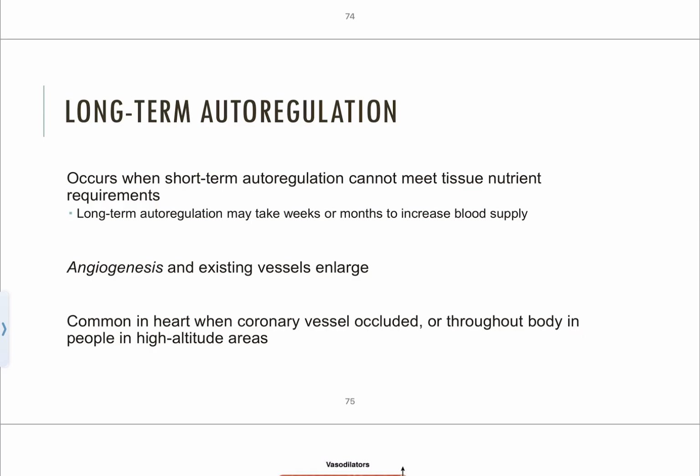Tumor cells actually do this. Tumor cells or cancer typically release chemicals that cause angiogenesis, or the recruitment of blood supply towards the cancer cells or the tumor itself.